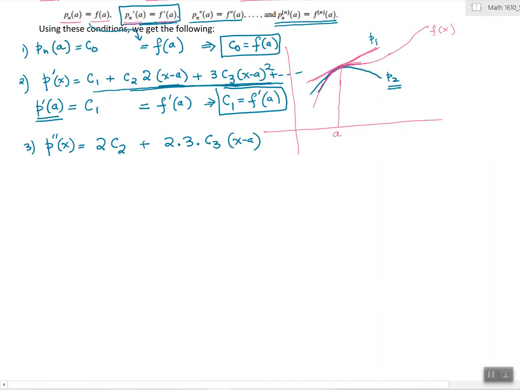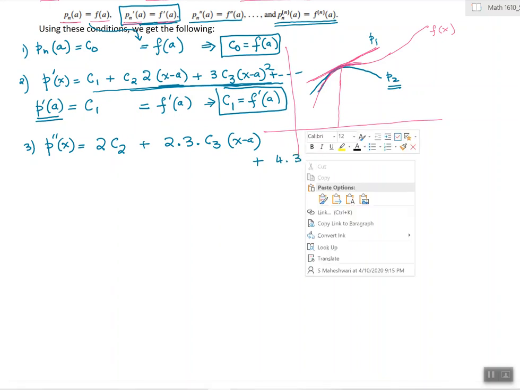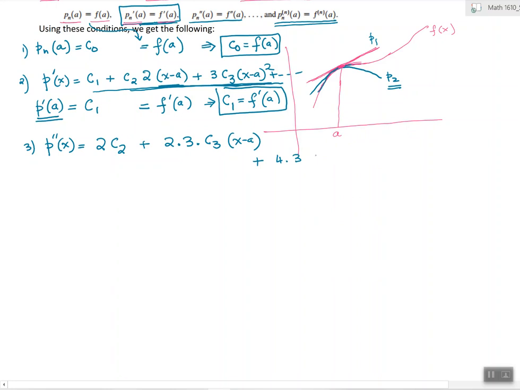And if I had written down more terms, then I would have gotten 4 times 3 times c4 (x minus a) squared, and so on and so on. Now let's put x as a again.